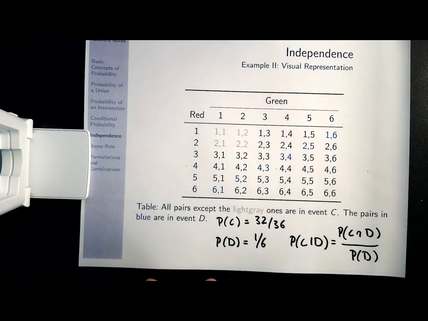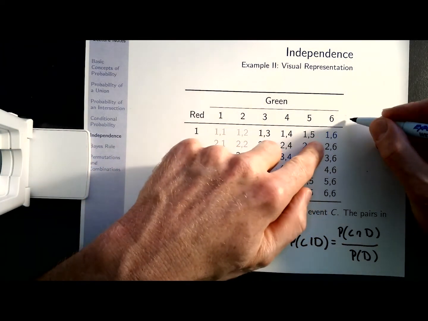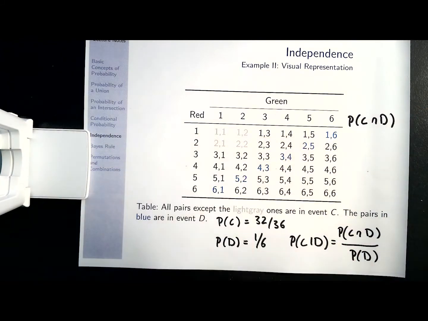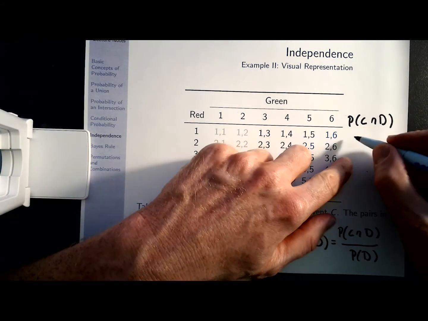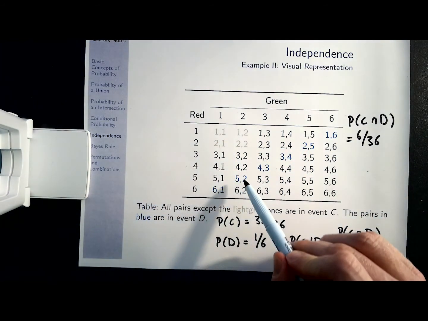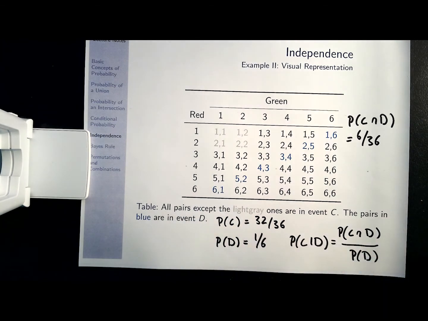of D. We know that the probability of the intersection are all the elements where it sums up to 7 and where there are at least 3 dots. Note that that probability is equal to 6 over 36, because we are looking at those 6 elements.